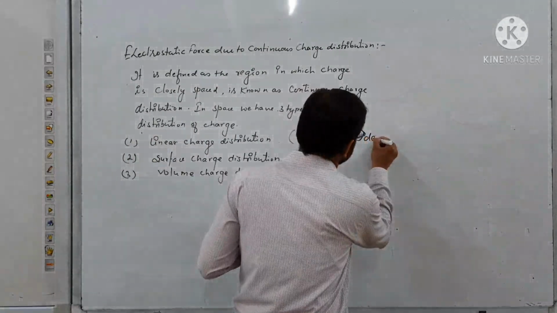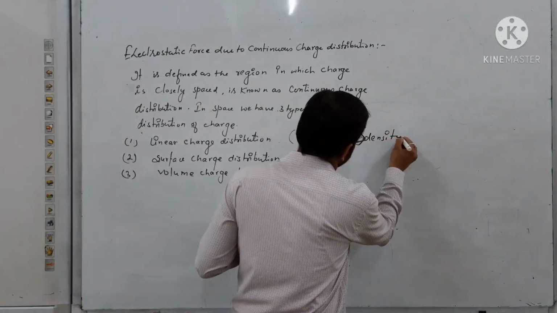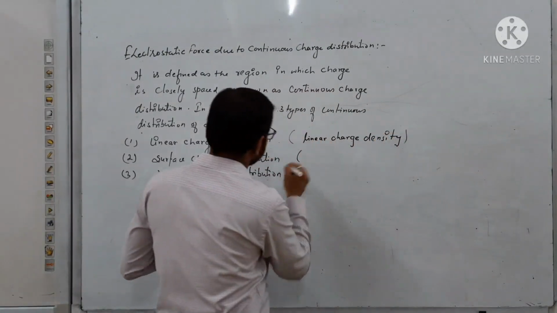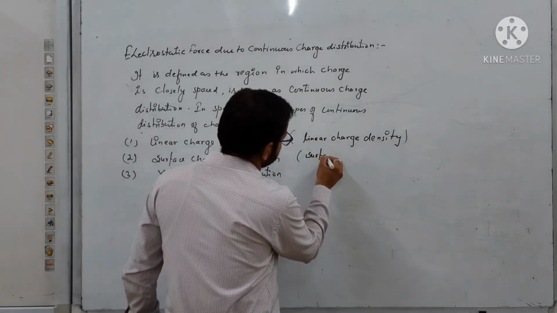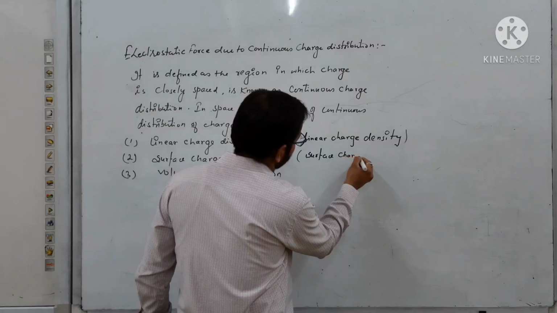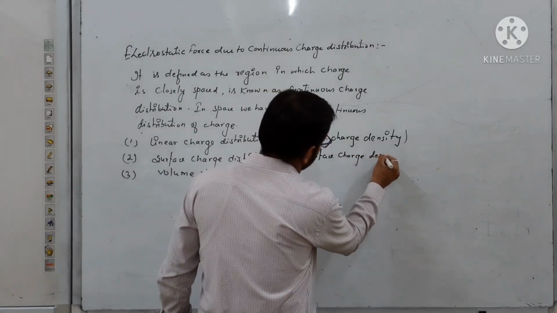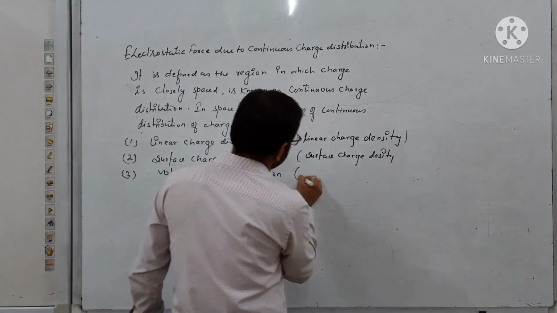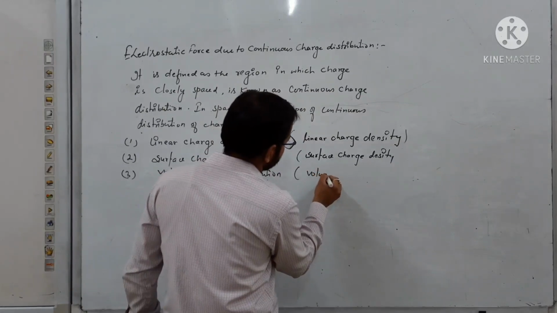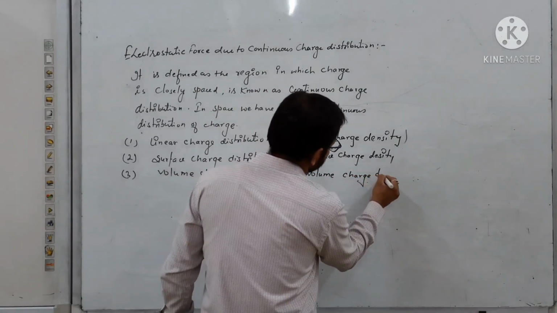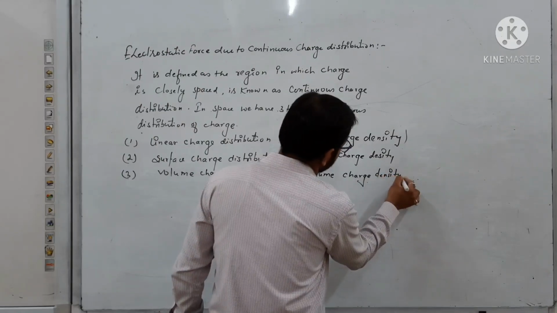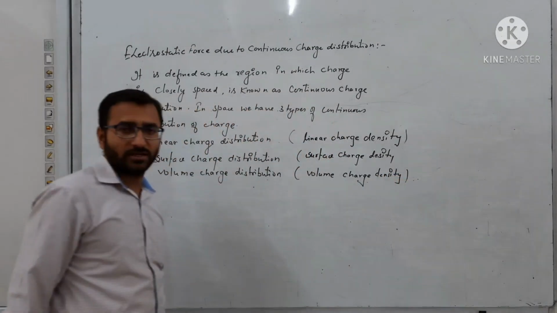So linear charge density is our first. Then after that surface charge density, then volume charge density. So these three types of density we will study.